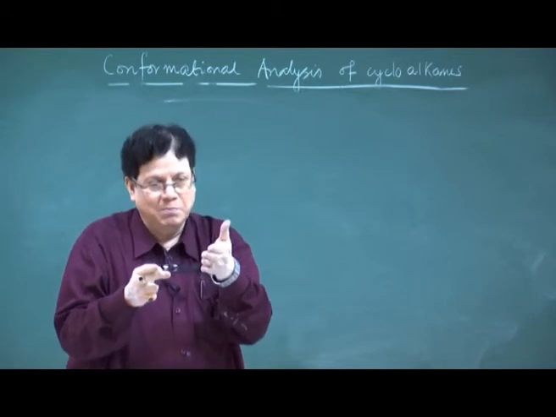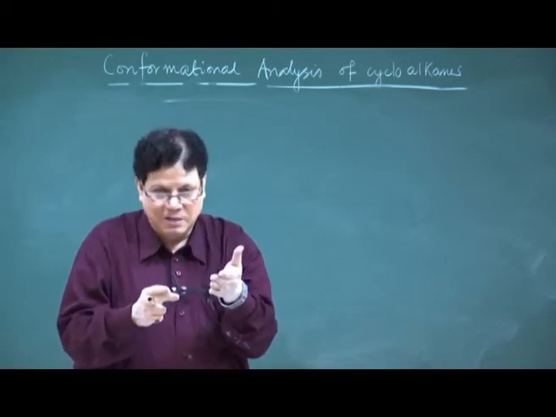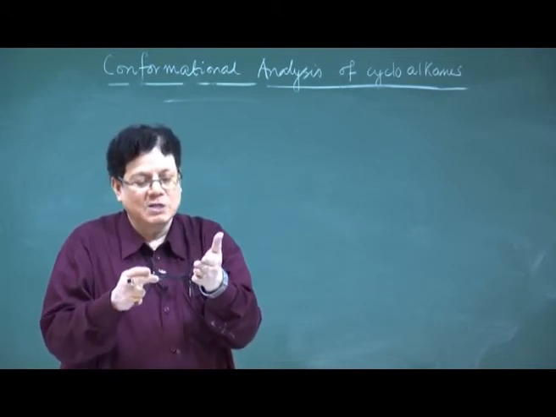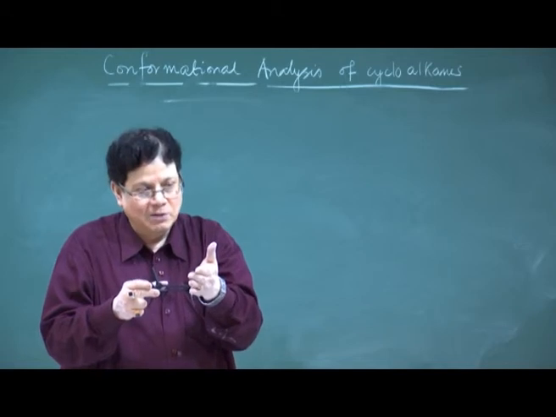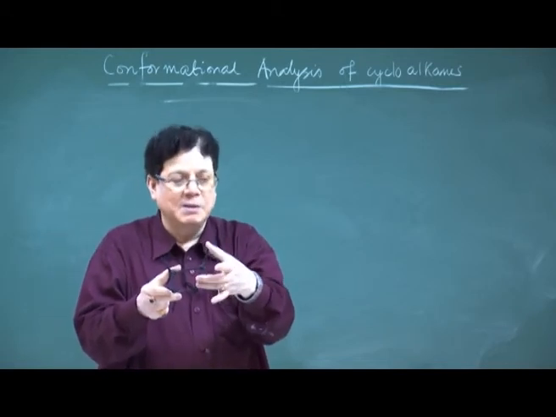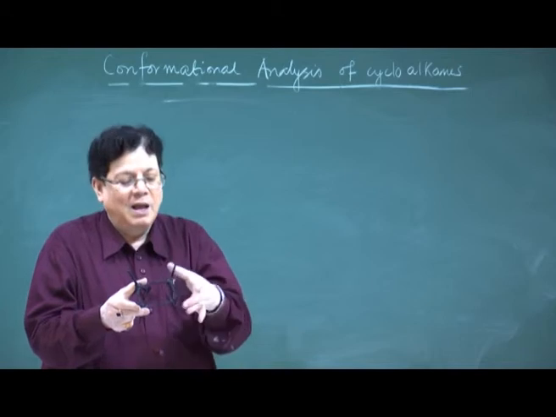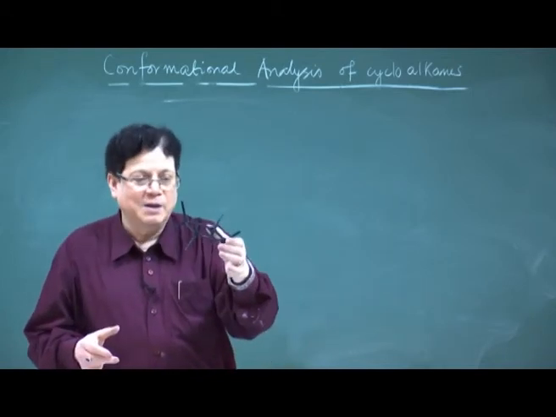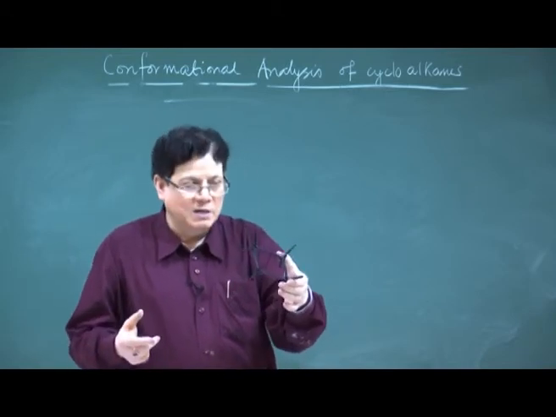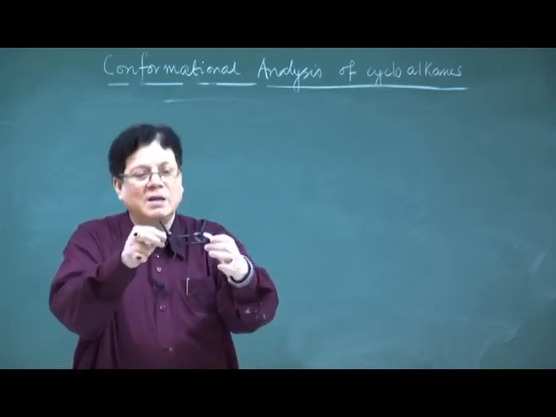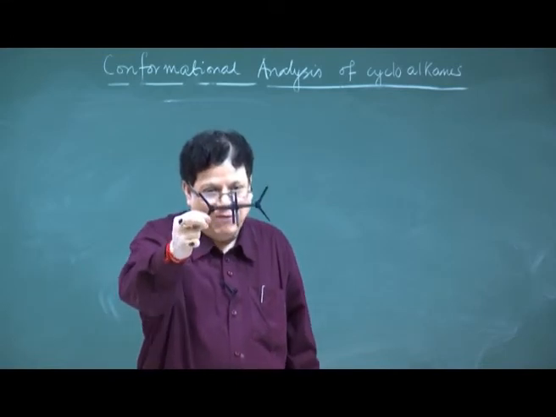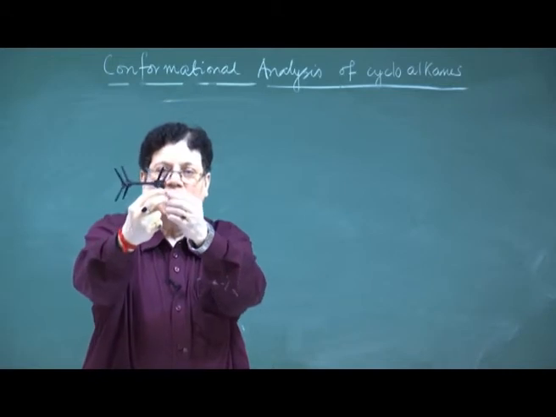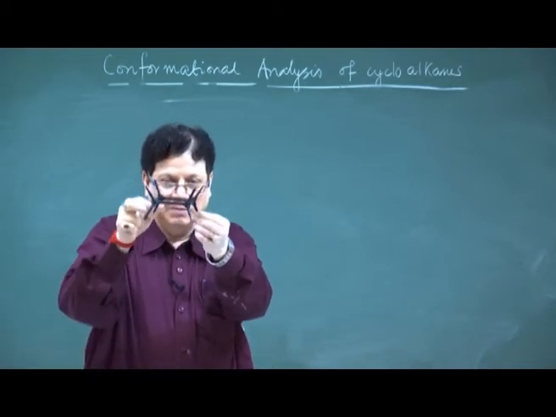Some people call it Pitzer strain, because it is the scientist Pitzer who first introduced this concept of strain. So when the bonds are eclipsed, they suffer from a strain, and that is called Pitzer strain. That is also called eclipsing strain, and today we generally call it torsional strain. When you make a flat system, the adjacent bonds will be eclipsing each other, so it will suffer from torsional strain.